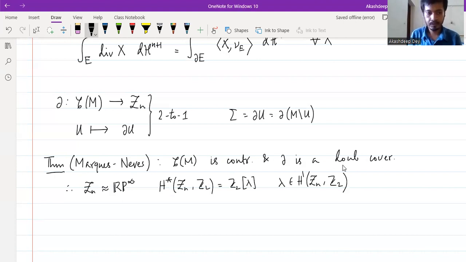And we recall that the space Zn is the space of generalized hypersurfaces which are boundaries. And on this space, we have the area functional.